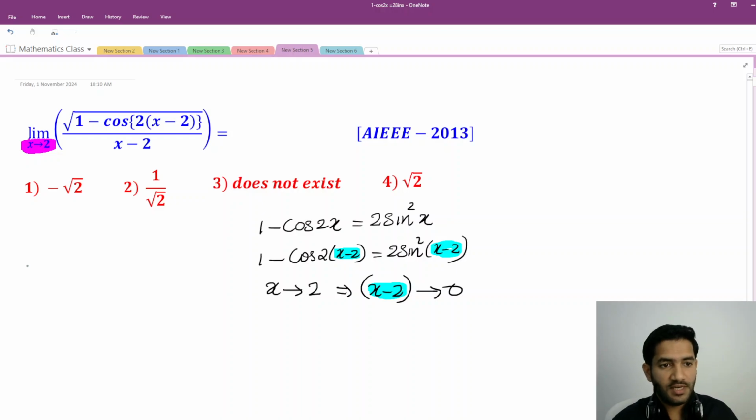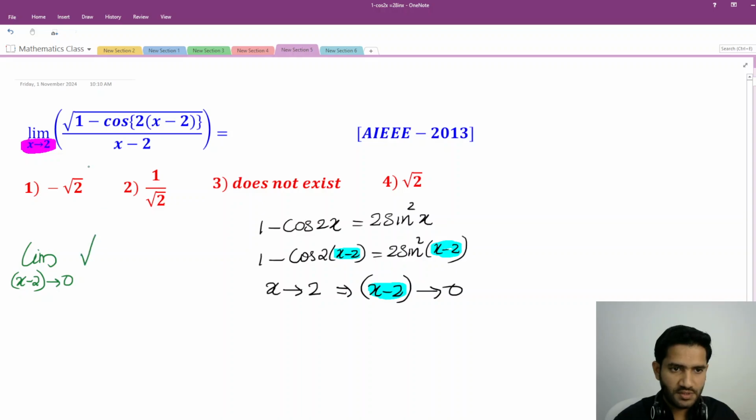The question is saying limit x tends to 2, so x tends to 2 means x minus 2 tends to 0. Here square root of 1 minus cos means sine square of x minus 2. Oh, it's very simple.